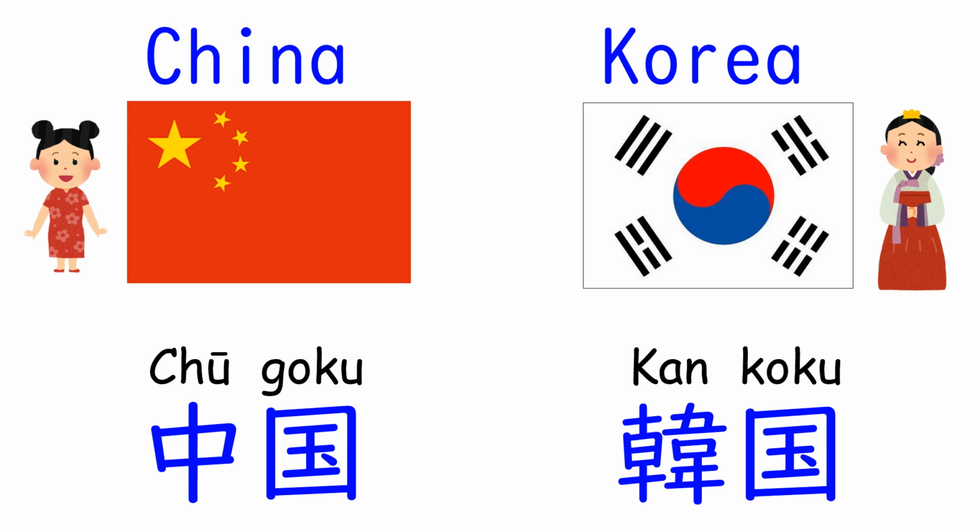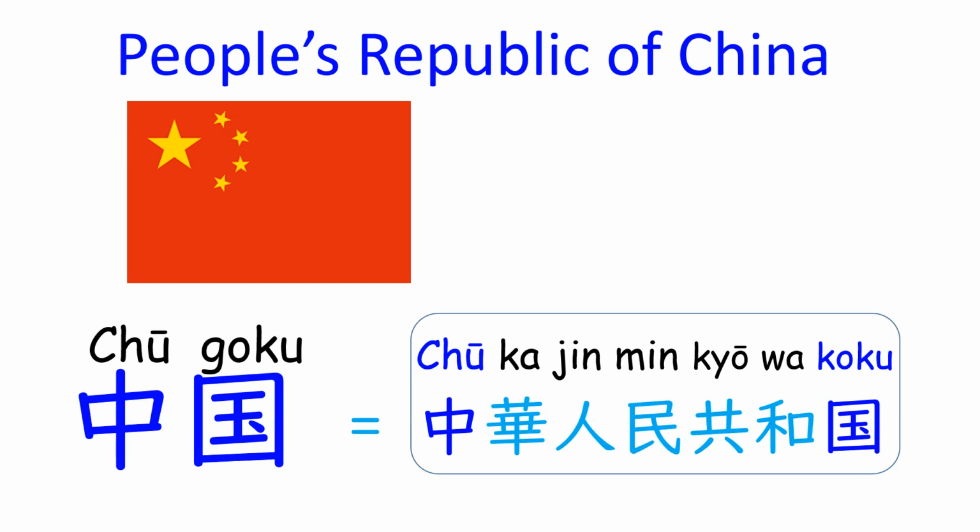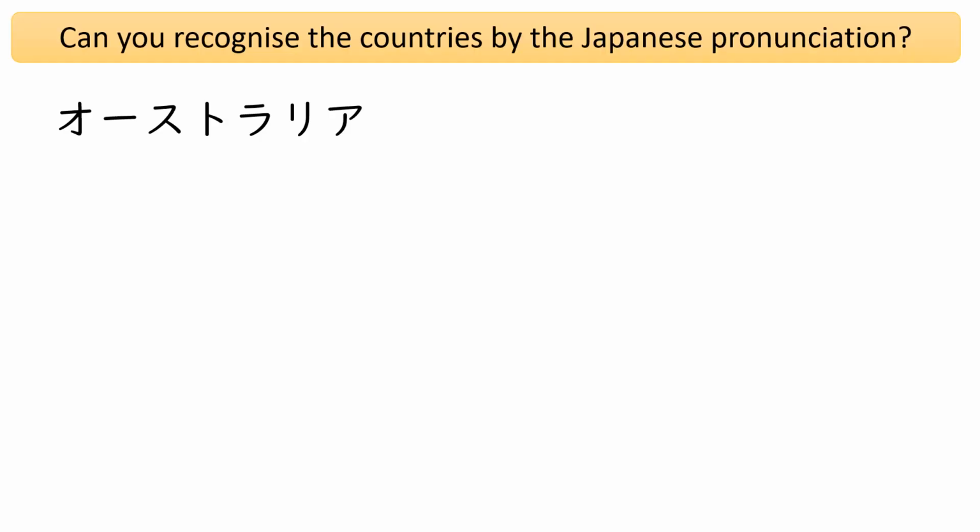So both country names are written in kanji. China is 中国 and Korea is 韓国 in Japanese. Actually, the formal name of China is People's Republic of China, which is 中華人民共和国. So, 中国 is its abbreviation.